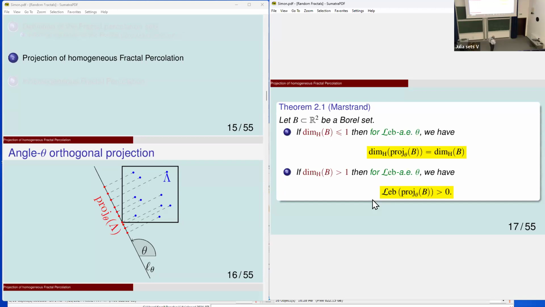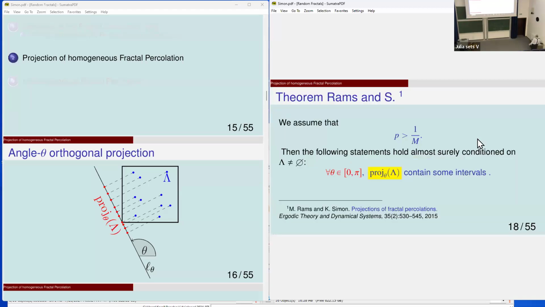It does not say that for every direction, and it does not speak about interior points in the projection. And that's what we are going to do a little later. So we just go further. This was the Marstrand theorem.